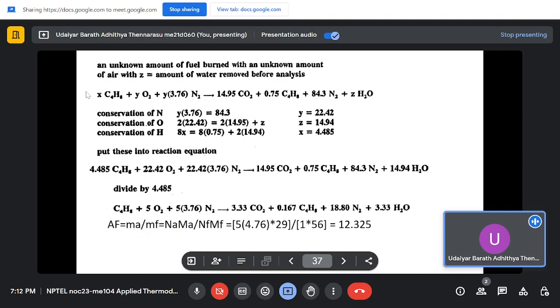Now remaining is the amount of fuel which is being initially used. Either we can do a carbon balance or a hydrogen balance.